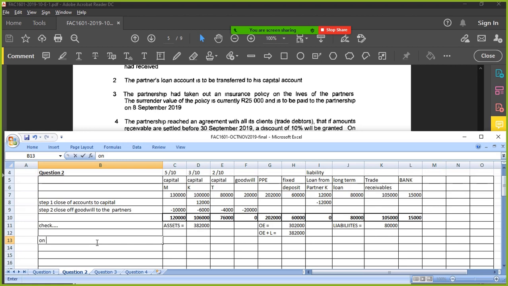On 8th September, proceeds from a policy received. If it's received, the bank account is going to go up by 25. You're debiting bank. You're going to credit, let's see, this is on the lives of the partners. The surrender value is 25, so it would be a portion to each partner. So 25,000 times 5 over 10.